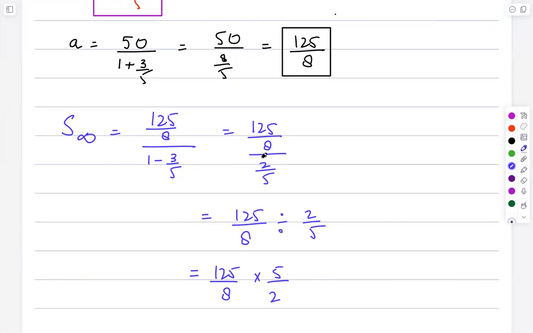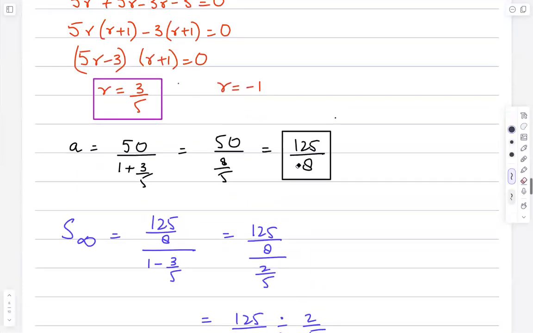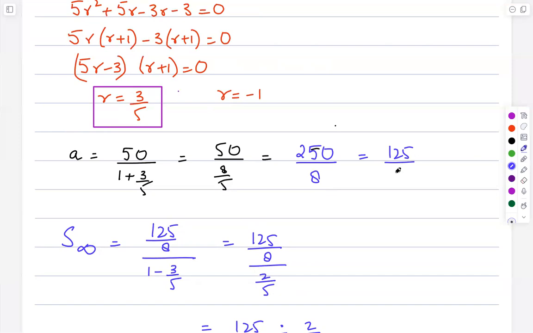So there's a small mistake over here. The value of a was 125 upon 4, as 50 into 5 was 250. So this was 250 upon 8, or it should have been 125 upon 4. So over here, this should have been a 4. So this would be 125 upon 4.